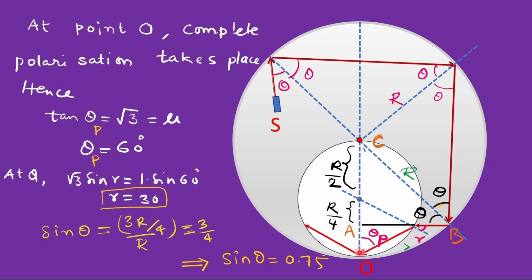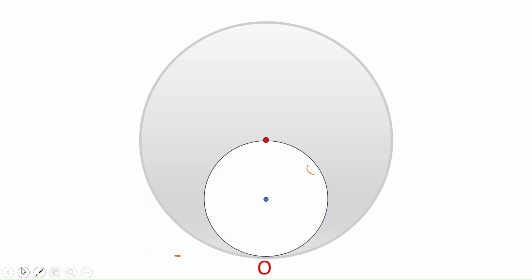Therefore, this total length is r by 2, this length is r by 4. Therefore, from this point to this point the length is 3r by 4. Therefore, for this theta, sin theta is equal to opposite side 3r by 4 over hypotenuse r. Therefore, sin theta is equal to 3 by 4. From there, sin theta is equal to 0.75. This is one answer. There is another possibility.